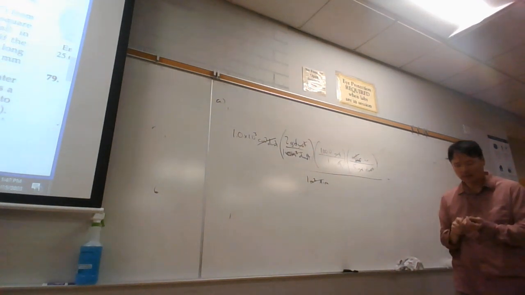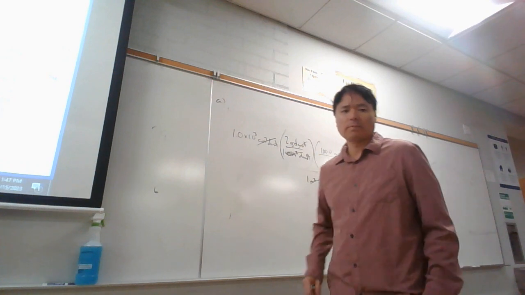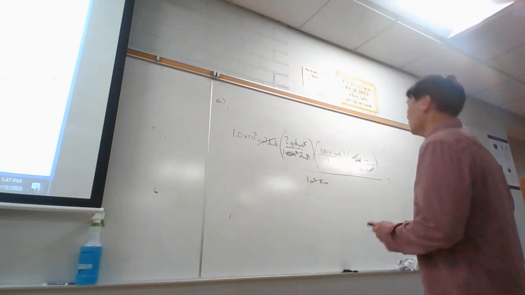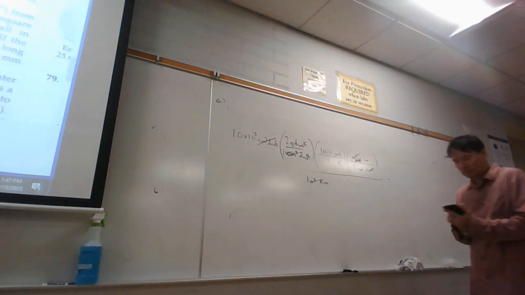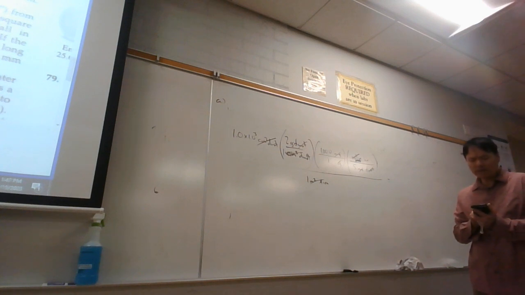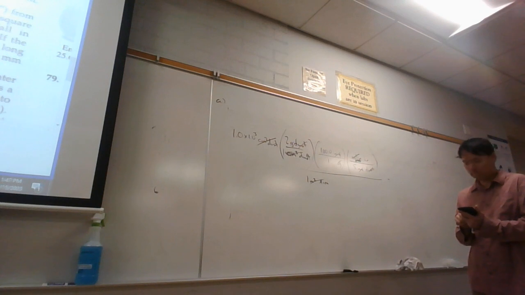And so let's see how many hours this is going to take. So I'll have 1,000 times 2 times 1,000 divided by 5.